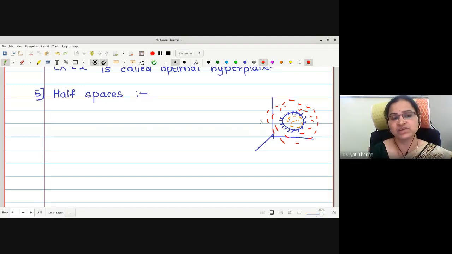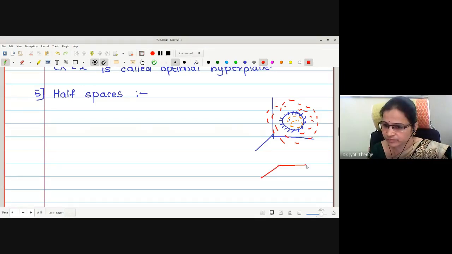Similarly, whenever we take a hyperplane or a plane in R3 space also, the space is divided into three parts. Okay, let me show you like this. This is a plane in R3.